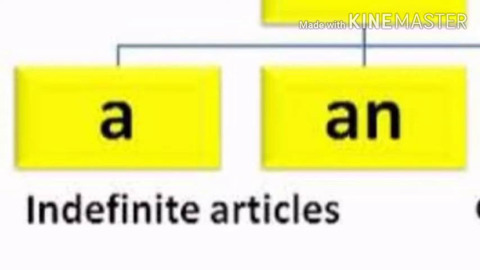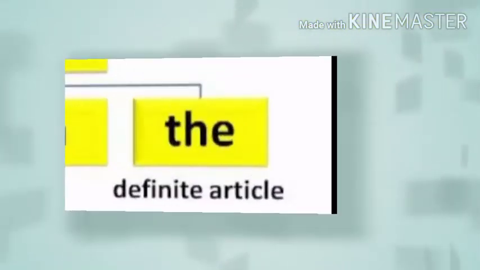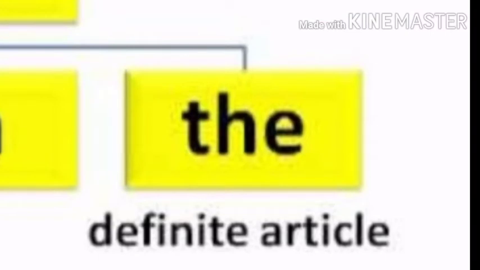And a is used before words starting with a consonant sound, like a bag, a cat. The first letter of the words bag, that is B, or cat, that is C, is a consonant, and therefore we use the article a with the consonant sound.